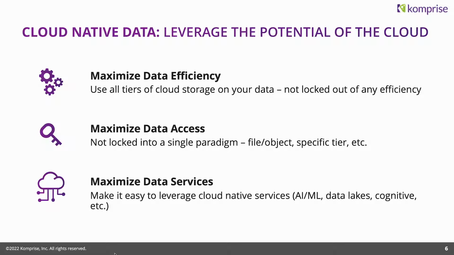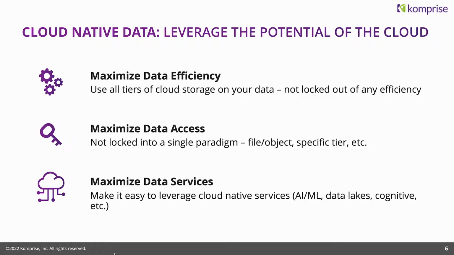So your access to the data should not have to go through your file storage layer. If it always has to go through your file storage layer, and if the file storage has to expose your data to you, you're locked in, and it's not maximizing the access to your data.